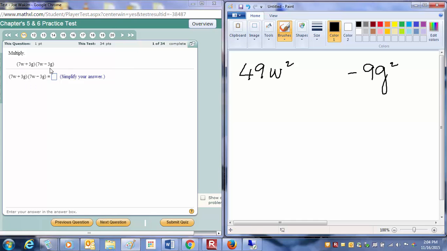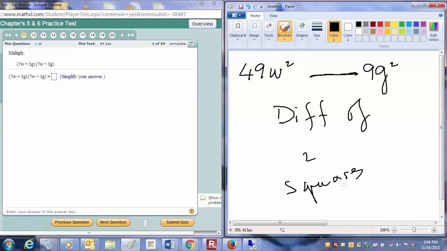But then the outer is negative 21wg and the inner is plus 21wg, and they will cancel each other. So this would be the final answer: 49w squared minus 9g squared. This is called difference of two squares, and that's how we factor it: 7w plus 3g, 7w minus 3g.